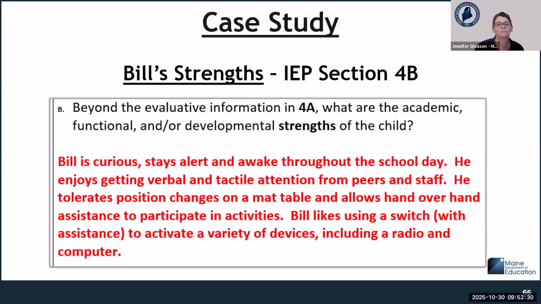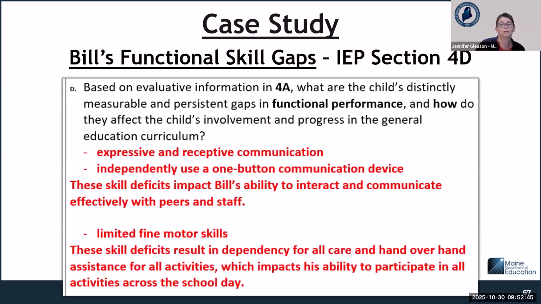All right, so this is Bill's. We did his transition plan. Now we're doing the rest of his IEP. So we have his strengths. Everybody has strengths, and we're using those strengths to feed that transition plan. We have gaps, right? Communication. He's independently using that switch to communicate and he has limited fine motor skills. So those are his functional gaps.